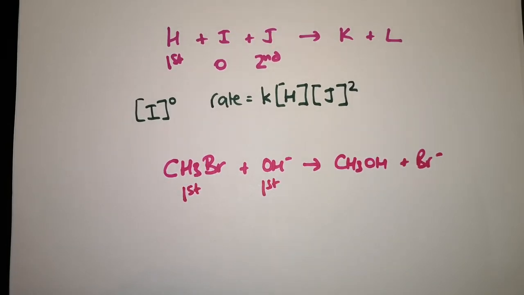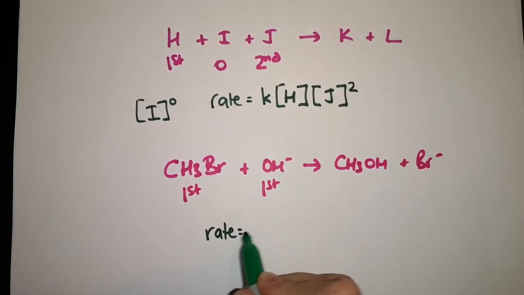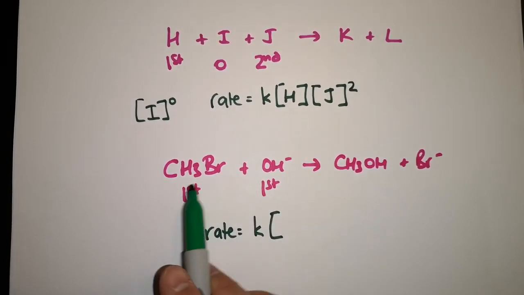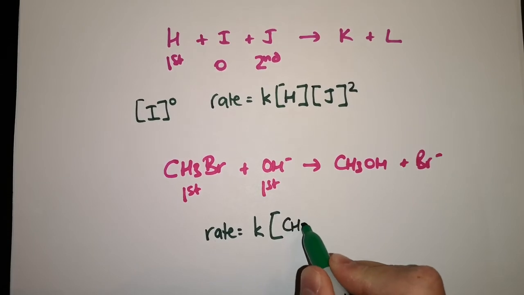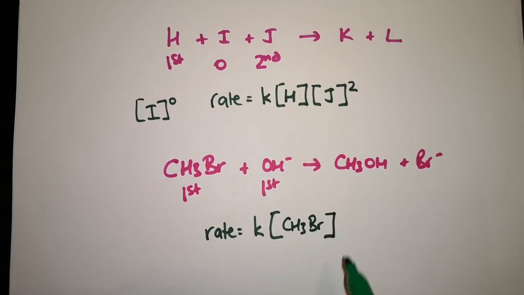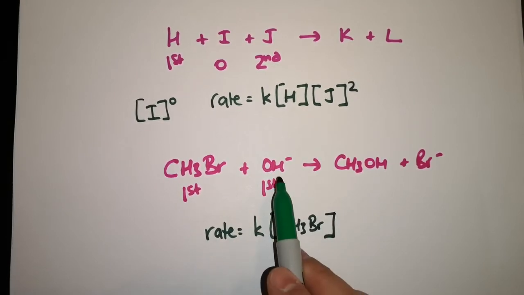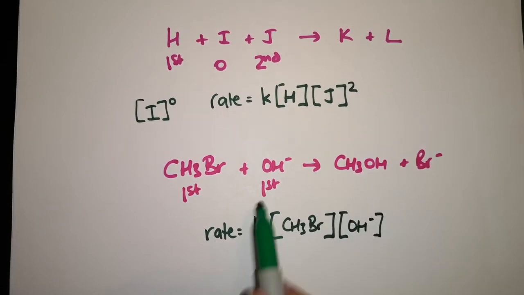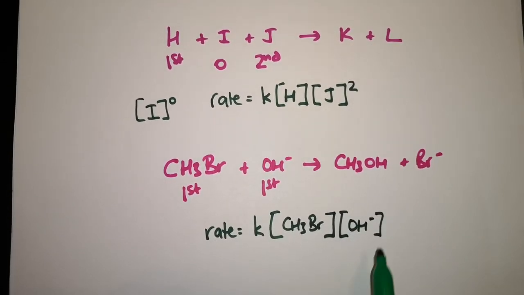My rate equation would be rate equals k, concentration of bromomethane, and it's first order, so I don't have to raise it to a power necessarily, that is raised to the power 1, multiplied by hydroxide ions, and again that's to the power 1, so I don't have to write anything. That would be my rate equation.